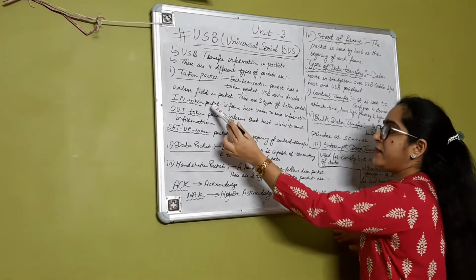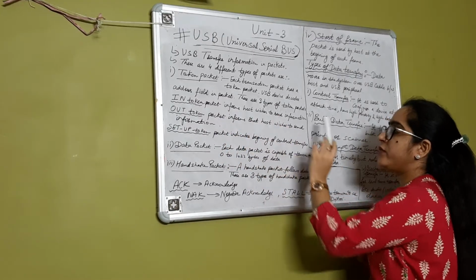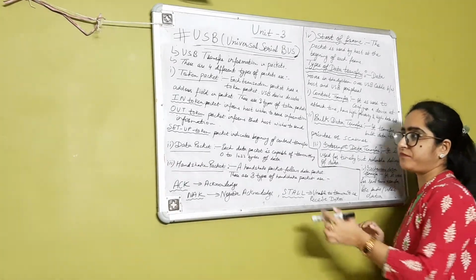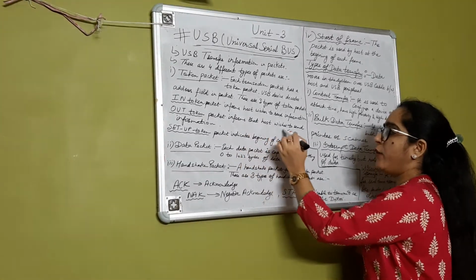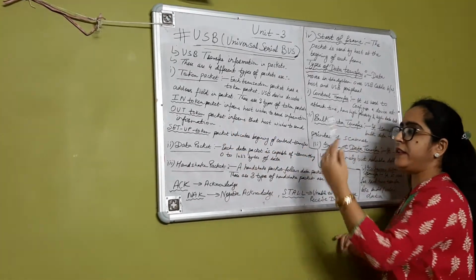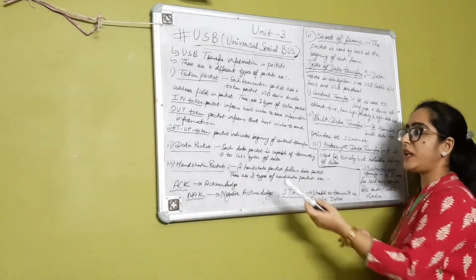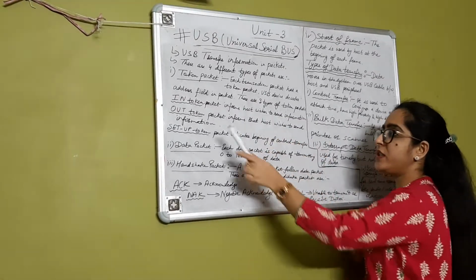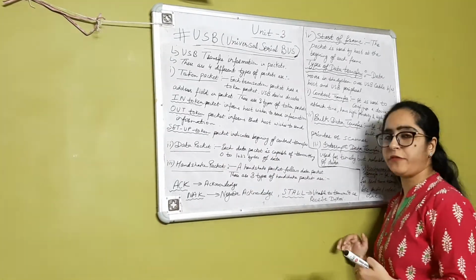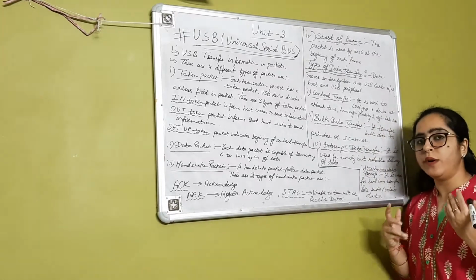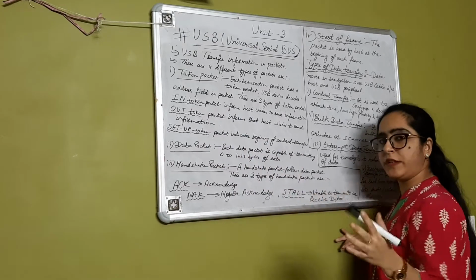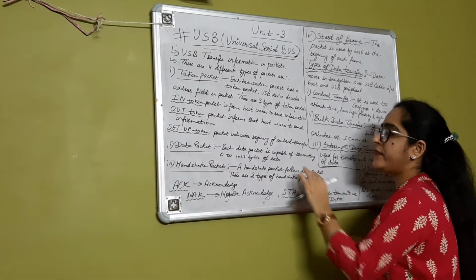The in token packet informs that the host wishes to read information, that is, the device is sending the information and the host wishes to read it. The out token means that the host wishes to send information and the device is ready to read it. The setup token indicates the beginning of a control transfer, that means the data is ready to transfer.